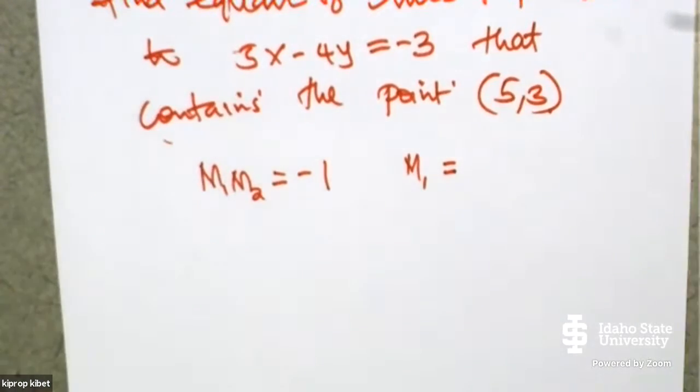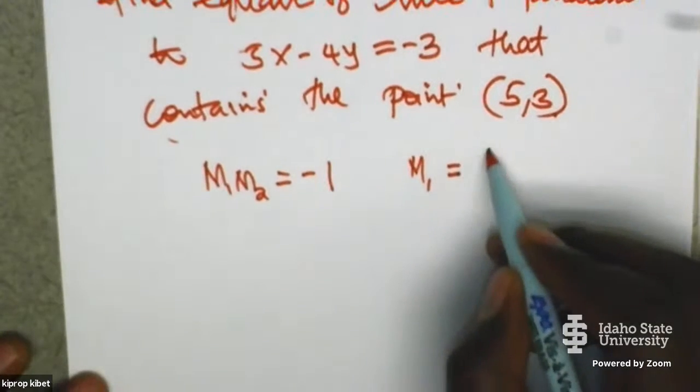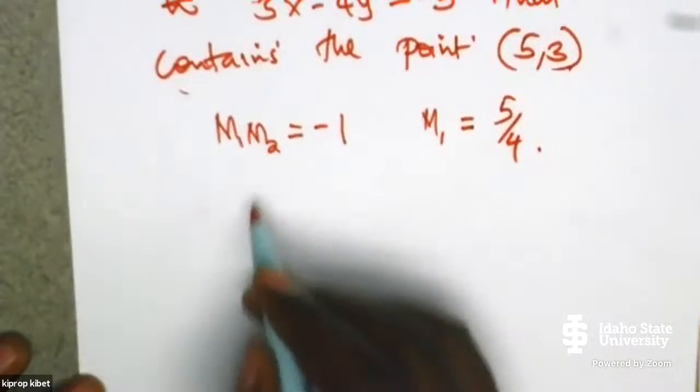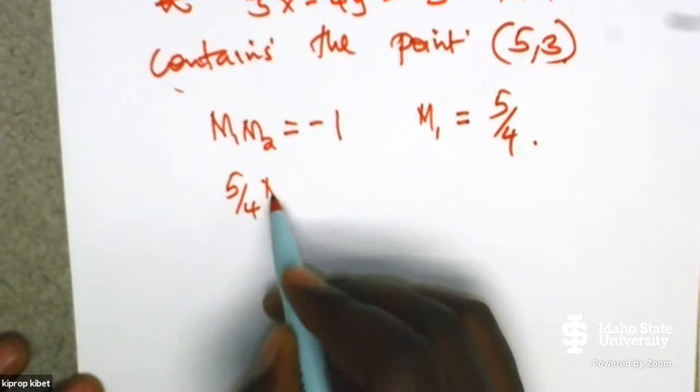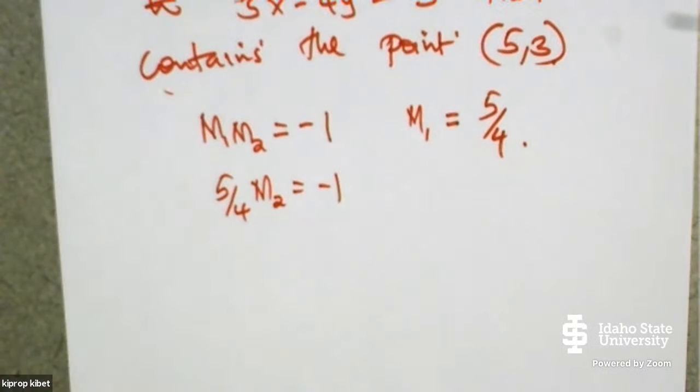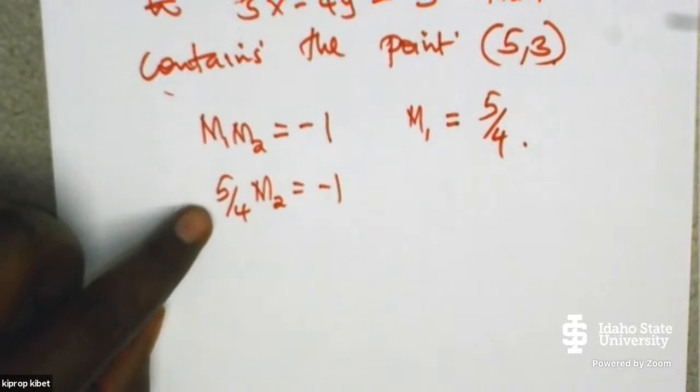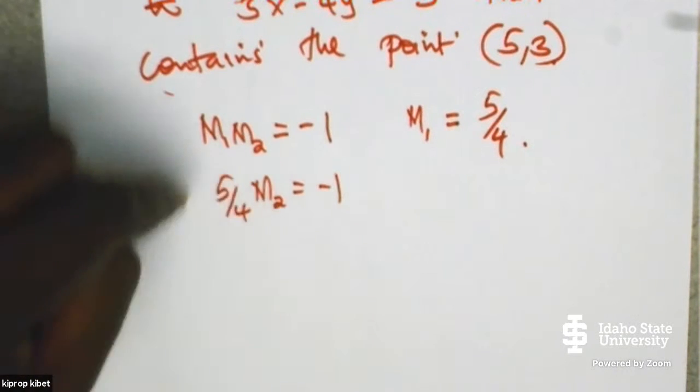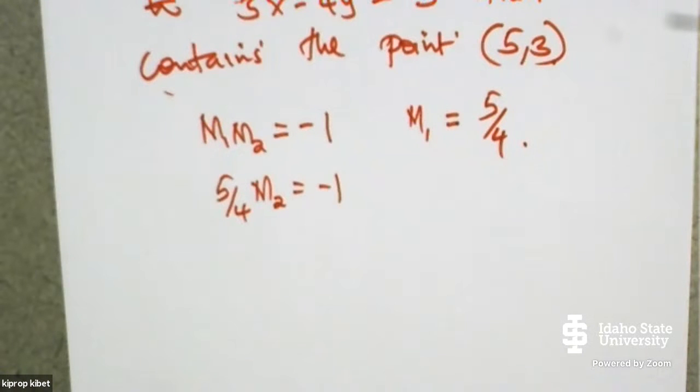What did we get as m1? 5 over 4, right? Now m1, which is 5 over 4, times m2 equals minus 1. We need to look for m2. So this is actually similar to the previous.